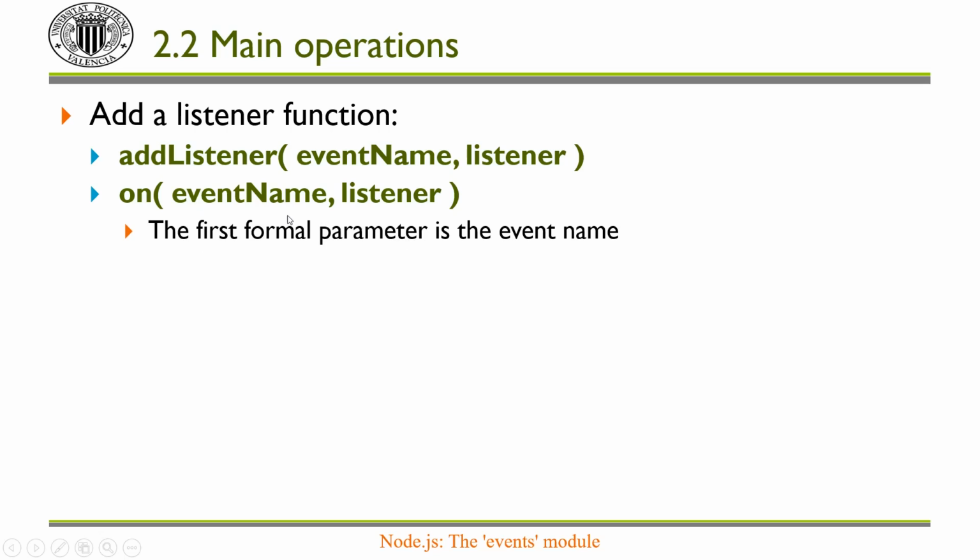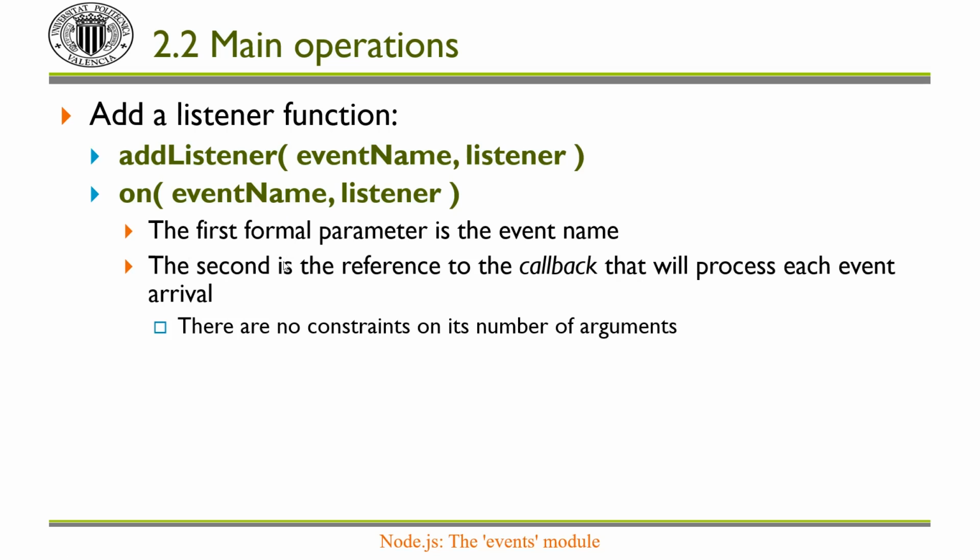That's a string, simply. And as the second parameter, a reference to a function that will behave as a callback to be invoked when that event arrives to the system. There are no constraints on the number of arguments to be associated to those functions. It's a criterion to be taken by the programmer.